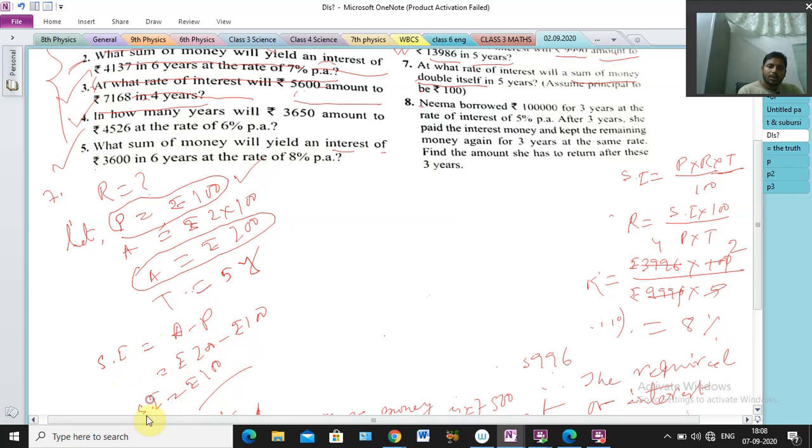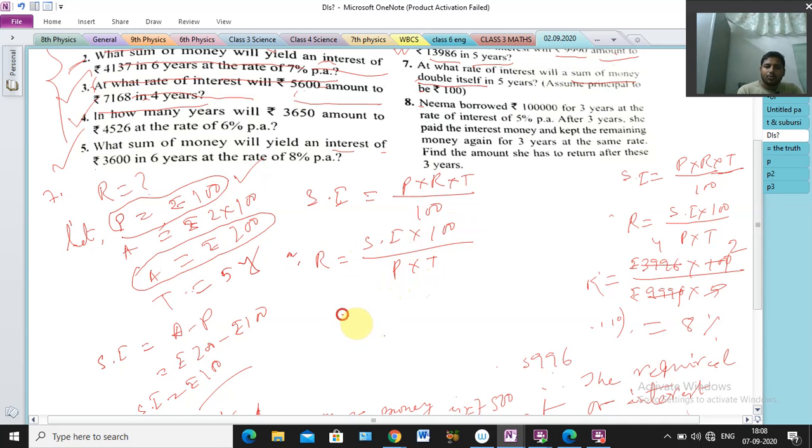That is SI. Clear or not, sir? Yes, sir, clear. Now just follow our formula. SI equal to P into R into T by 100. Okay, clear? Okay, so we find out what, sir? We find out R. So R means we can write SI into 100 by P into T. We can write or not? We can write it. Clear?